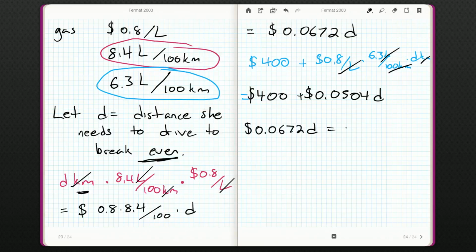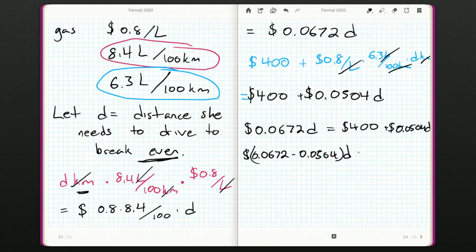So I set them equal. And at this point, it is just a linear equation. So we bring all the D's over to one side. We can factor out the D, and that's equal to $400.